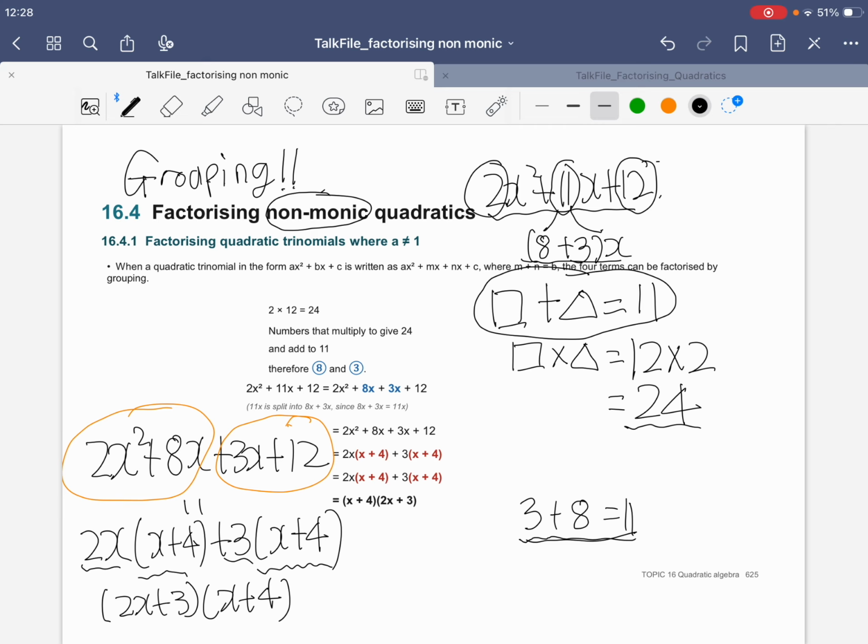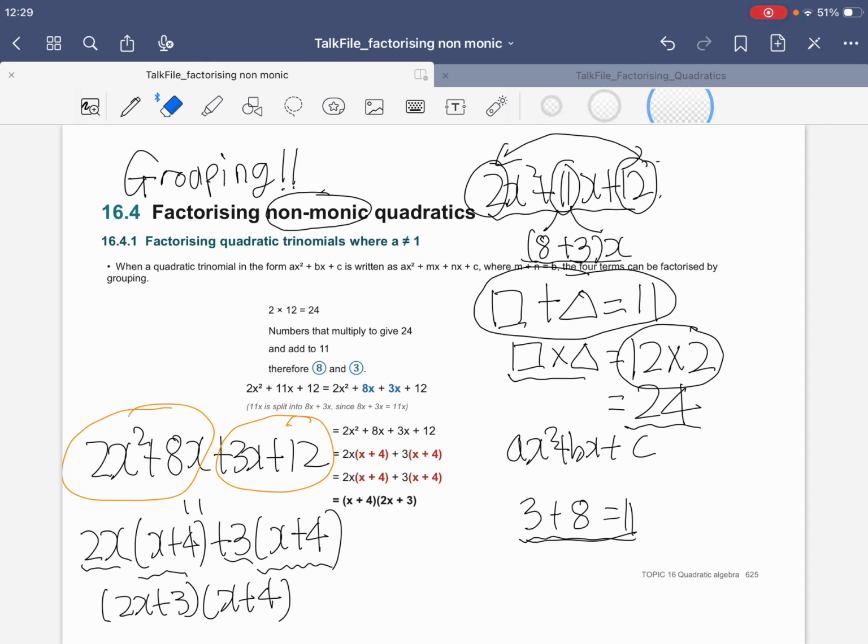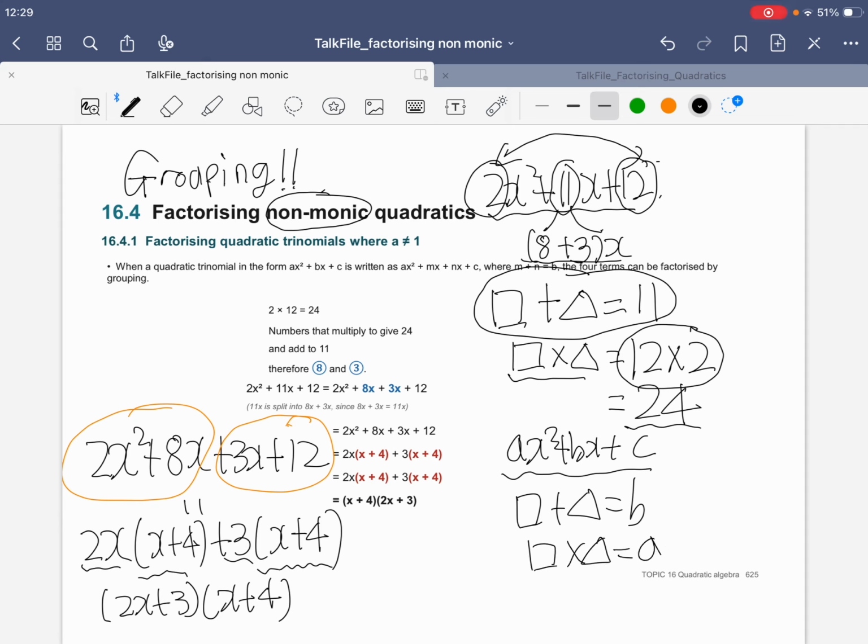So this is the process. At first, you find a pair of numbers that add up to the coefficient of x and multiply to give not just the constant, but the product of the constant and the coefficient of x squared. In this case, 12 times 2. If you want to generalize ax squared plus bx plus c, and you want to factorize this, you want to find the pair of numbers that add up to b and multiply to give ac, a times c.